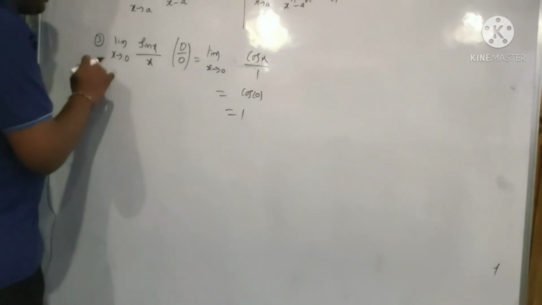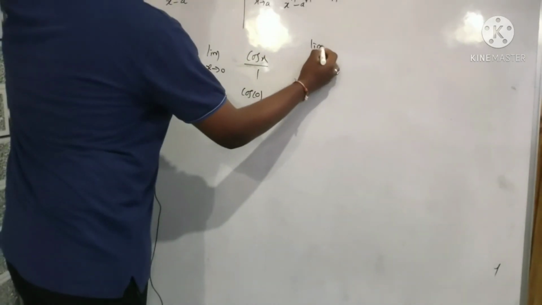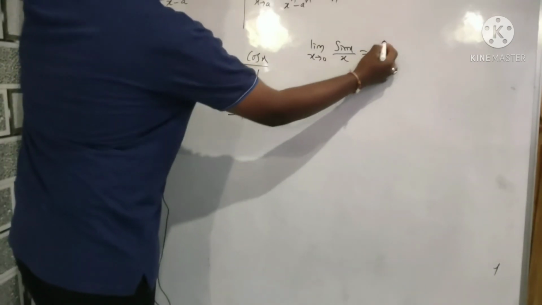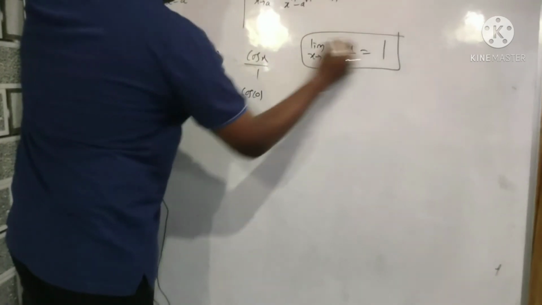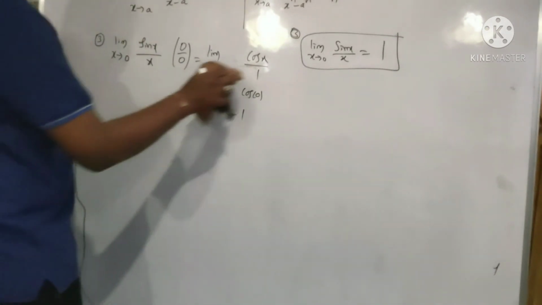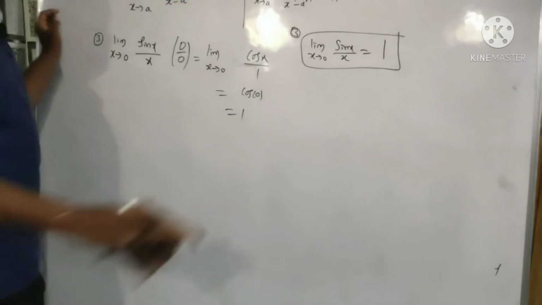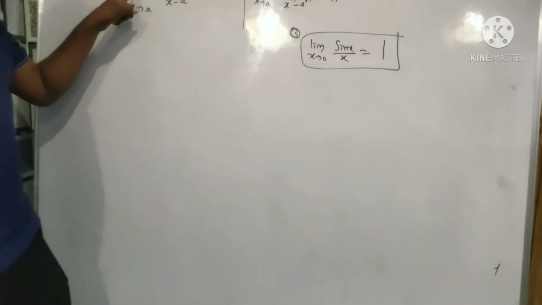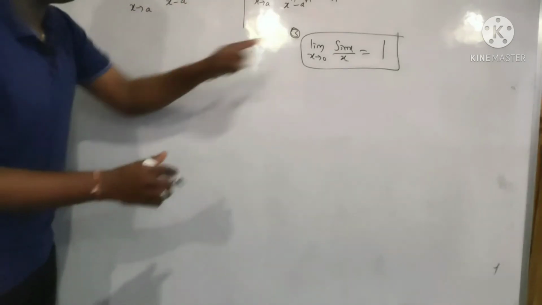So remember this property: limit x tending to 0 sin x by x is equal to 1. This is the golden formula. So this is the third standard fundamental rule. This is the first one, this is the second one, this is the third one.